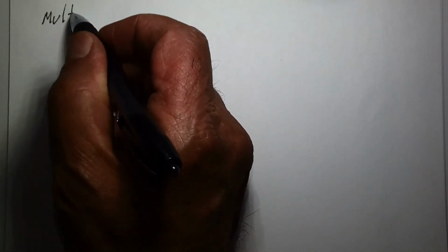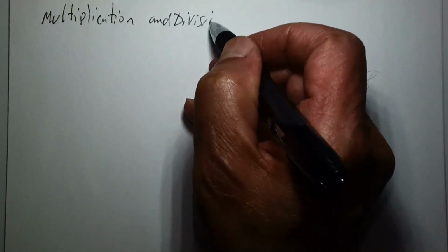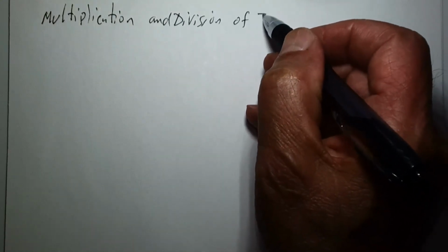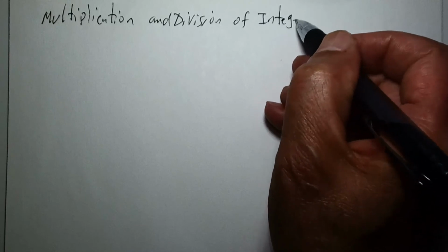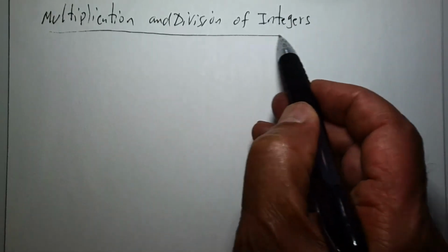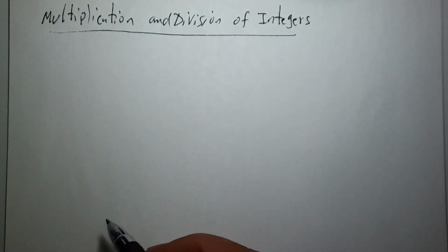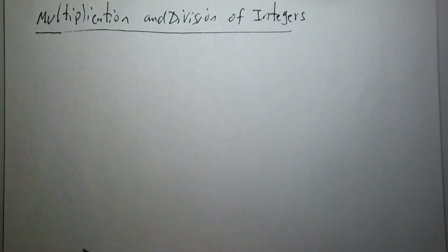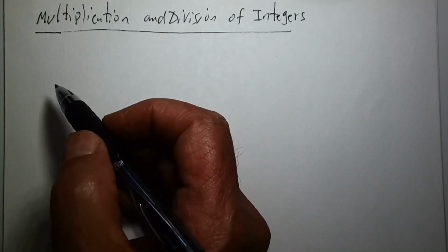Now let's do multiplication and division of integers. Since we're dealing with negative and positive numbers, we need to be careful with the sign.